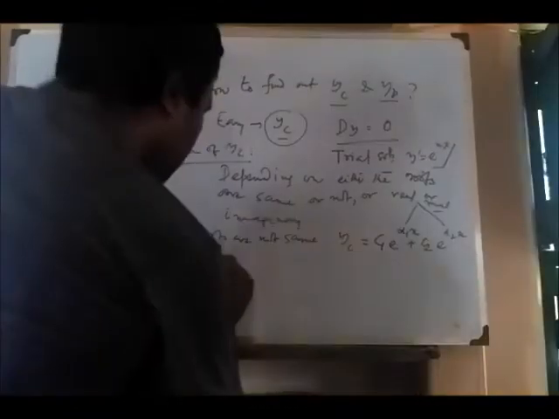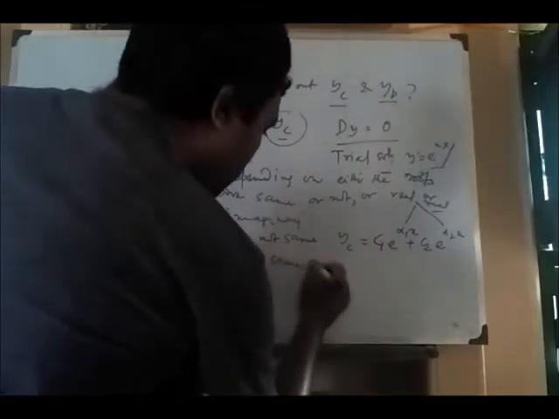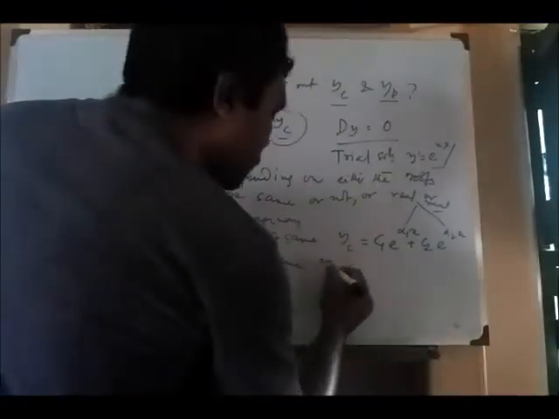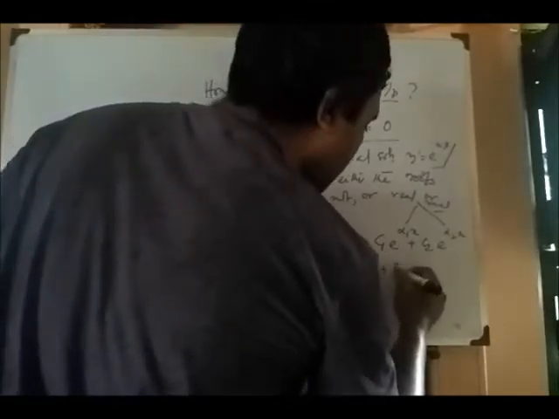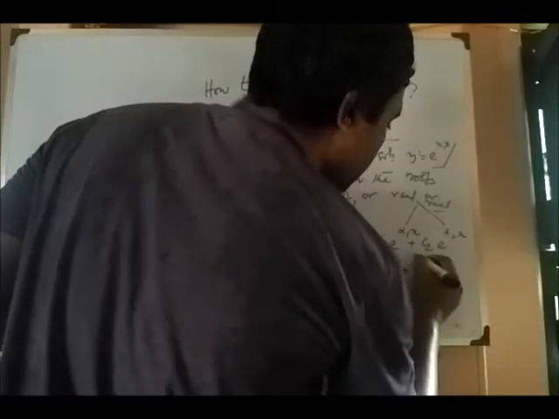Again, if roots are same, then this yc complementary function can be represented as a plus bx times e to the power alpha x, where alpha is real.